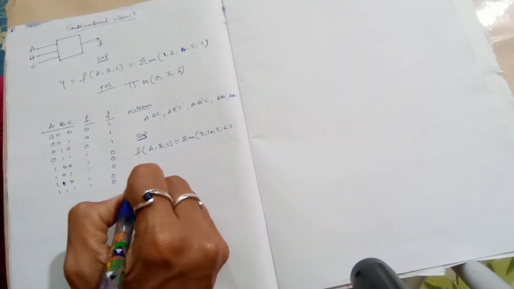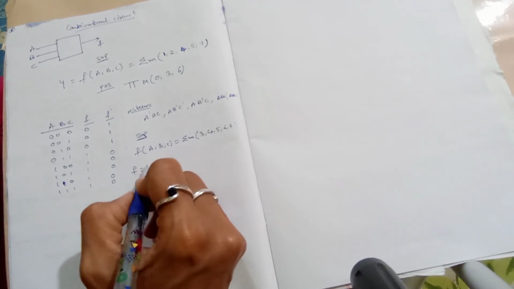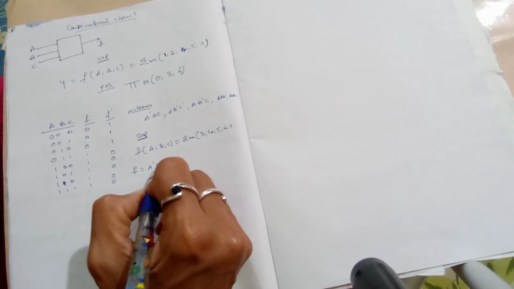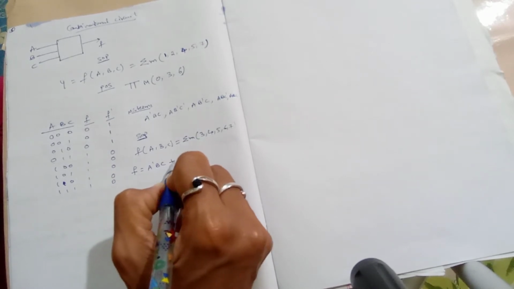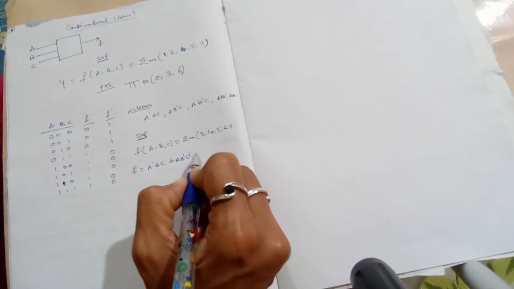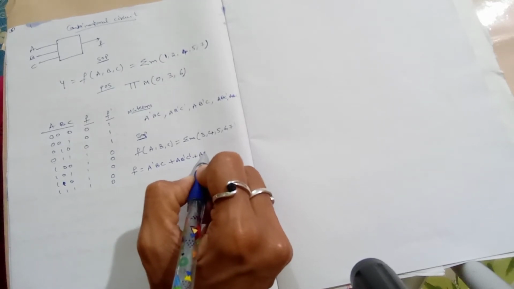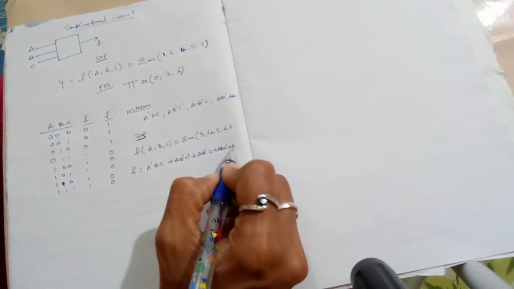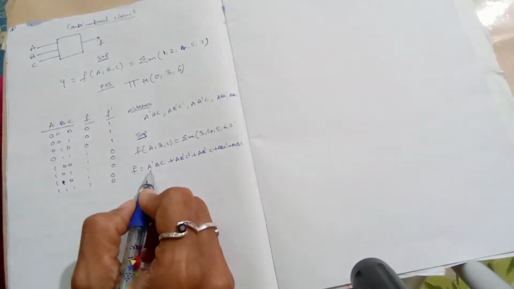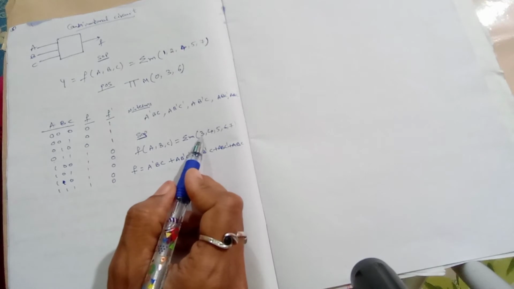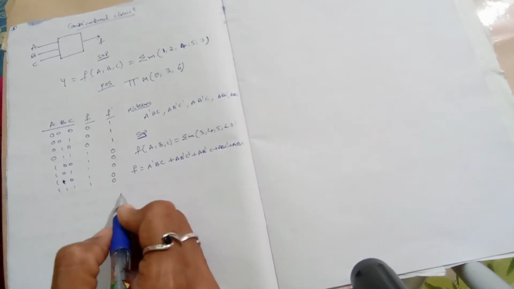Now the function F is A bar B C plus A B bar C bar plus A B bar C plus A B C bar plus A B C. This is the function, and by this we'll get the SOP, that is min terms 3, 4, 5, 6, 7.